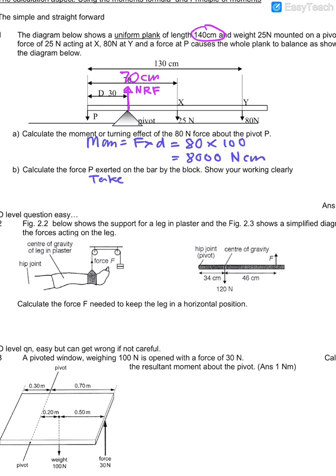You write this down: take moments about pivot. Then on the next line you write, what is the condition for everything to balance? Something must equal something.